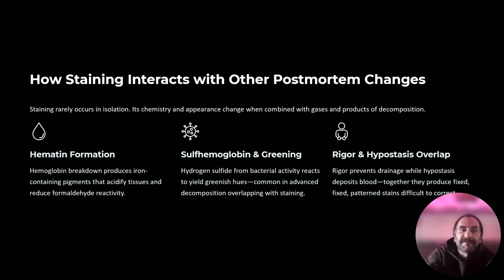When hydrogen sulfide is present, you can also see the greenish tones. This is, bear with my pronunciation here, sulfhemoglobin forming, because these chemical reactions overlap. And what can start as a red-purple stain can shift colors and intensify depending on how far along in decomposition you are.